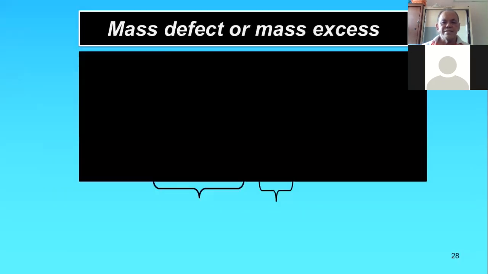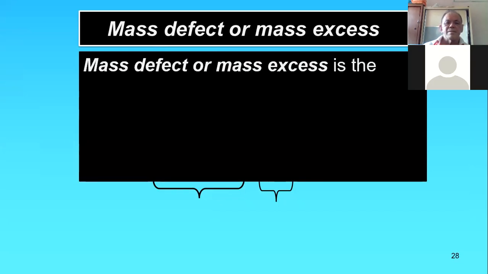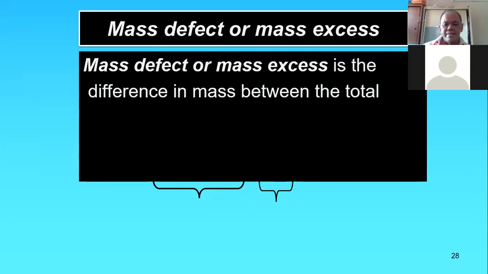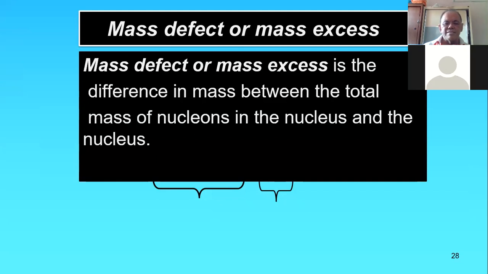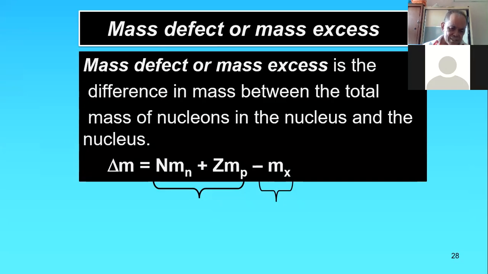The mass defect or mass excess is just the difference in mass between the total mass of nucleons in the nucleus and the nucleus. That means we take the total mass of nucleons minus the mass of the nucleus. That's your delta M.